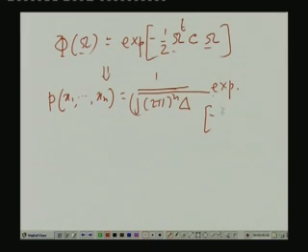Always remember this is a general formula for the multivariate Gaussian distribution.